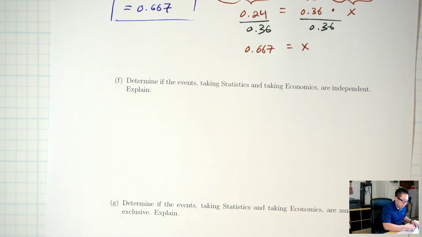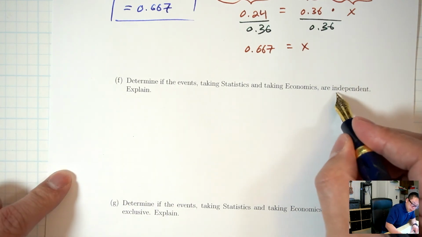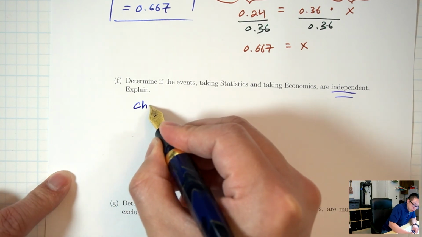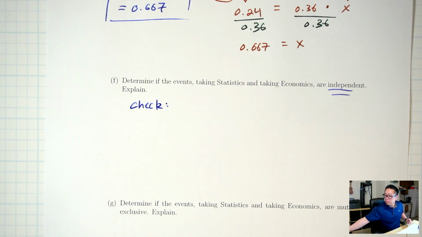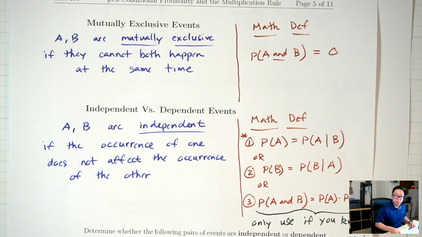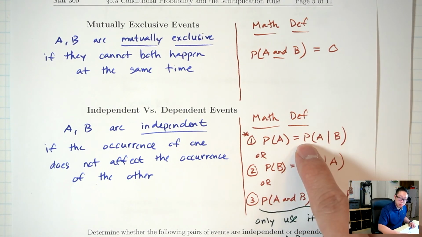Part F, determine if the events taken statistics and taken economics are independent, right? So to check independent, which equation should I be checking? You have two choices. You have this one or this one.